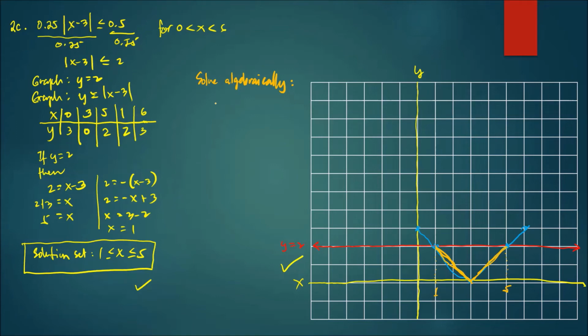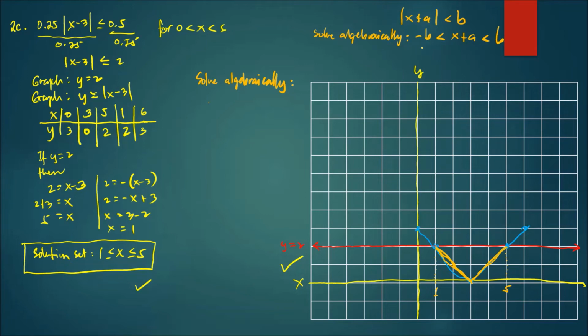But we know that to solve this algebraically, we can write this. We will write this as, remember, I will write it here. If we have this one, x plus a less than b, then to solve algebraically, we will write it as negative b less than x plus a less than b.